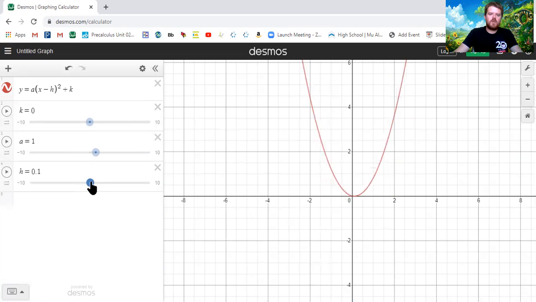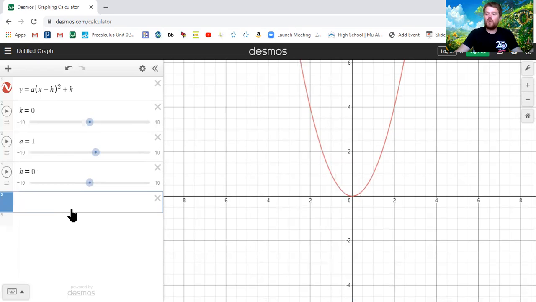Now this gets a little bit confusing for some students because we're used to thinking of h being positive, or going to the right being positive, going to the left being negative. But your formula, as it shows here for vertex form, is y equals a times x minus h quantity squared plus k. You have a negative in your equation.